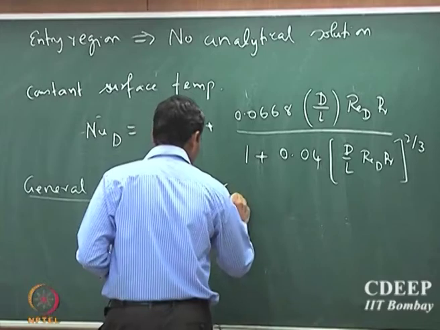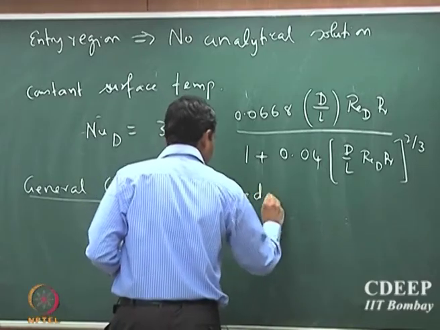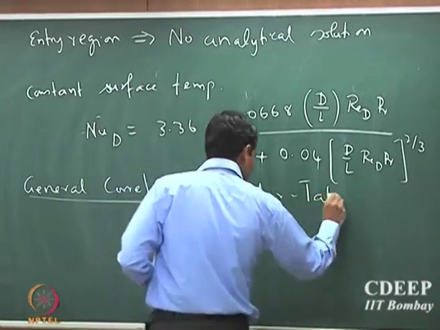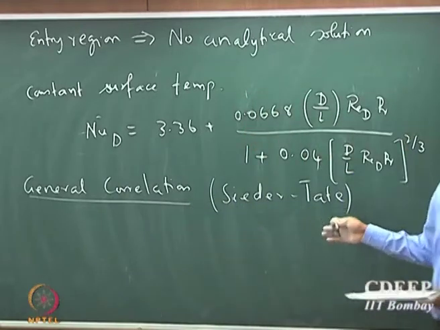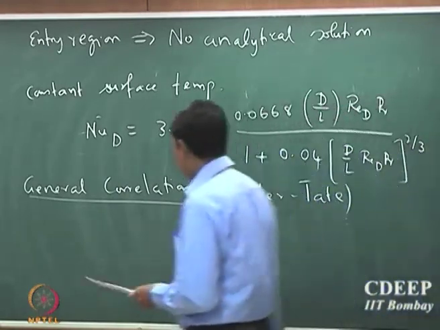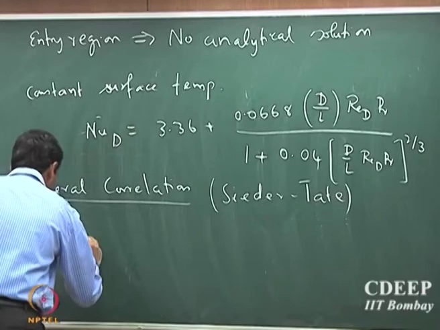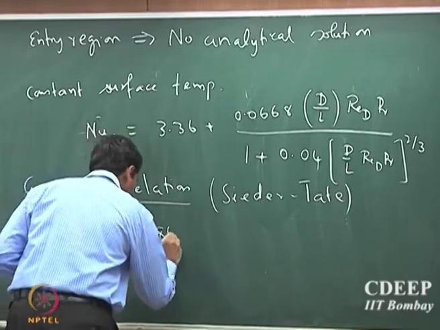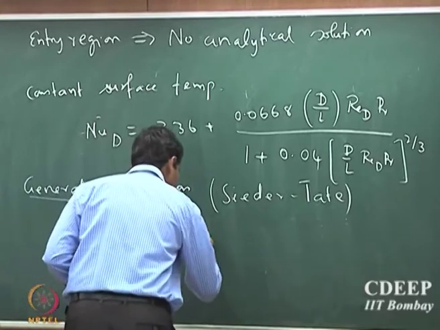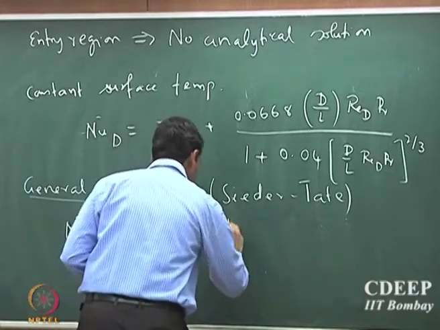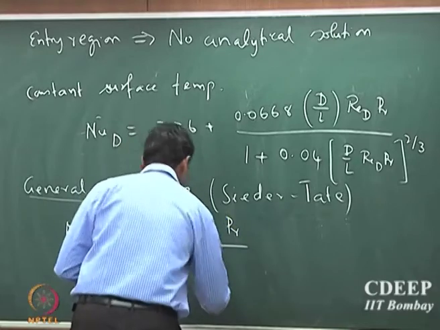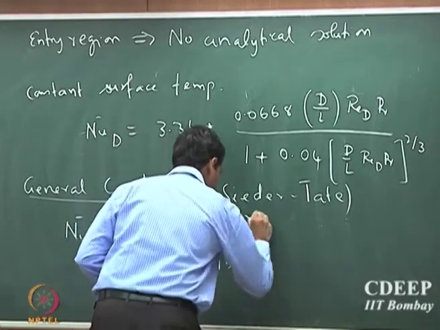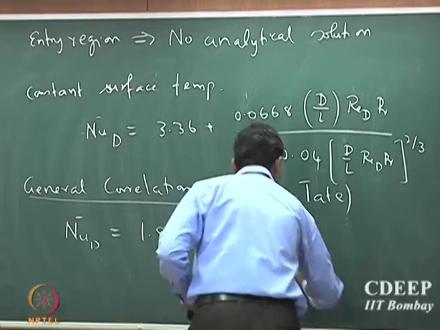It's called the Sieder-Tate equation. Some of you may have already heard this name. So, Nusselt number is given by 1.86 times Reynolds number, Prandtl number, divided by L by D, to the power of 1 by 3.